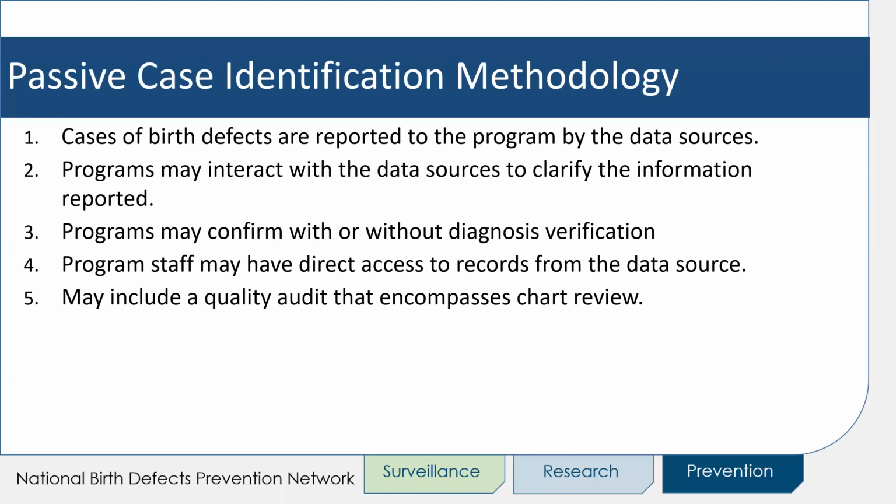Programs are not required to use diagnosis verification. However, not using diagnosis verification could lead to over or under counting the true number of diagnoses. On the other hand, using diagnosis verification could cost time and could lead to delays in completing cases.